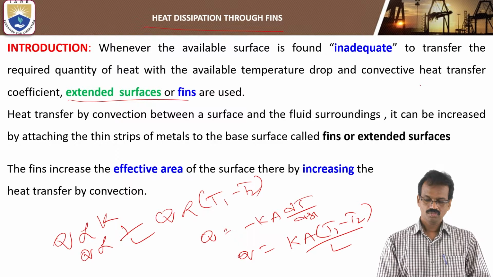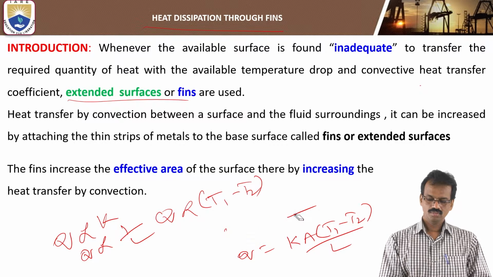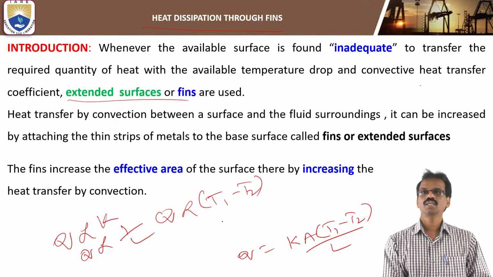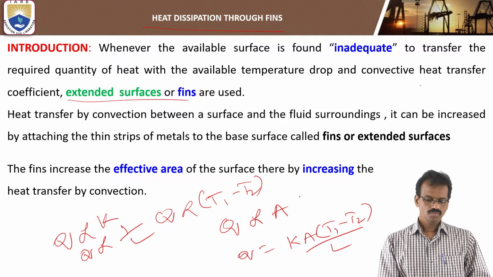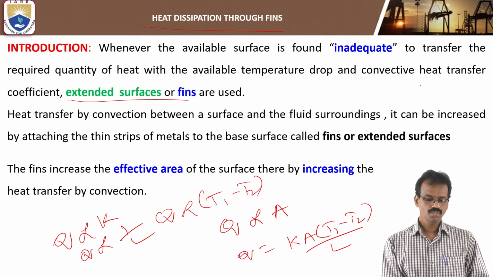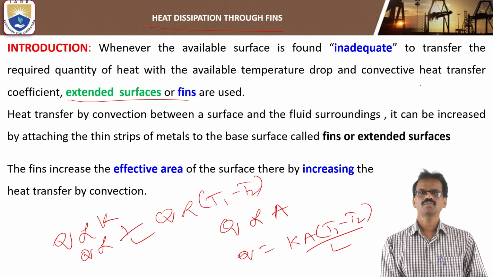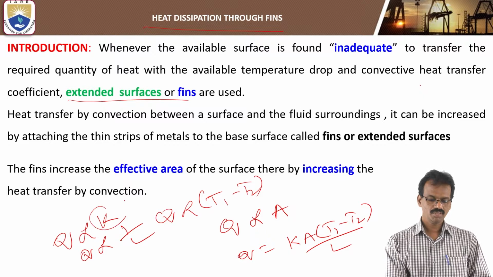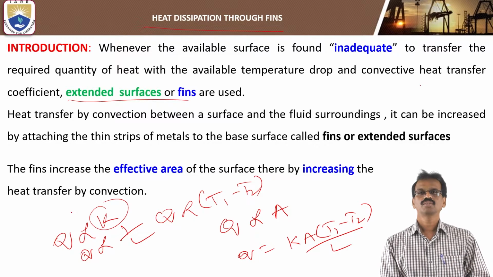Also, Q is directly proportional to area. K is the thermal conductivity of the material; it depends upon the material. So if you want to increase the rate of heat transfer with respect to thermal conductivity, you have to change the material.